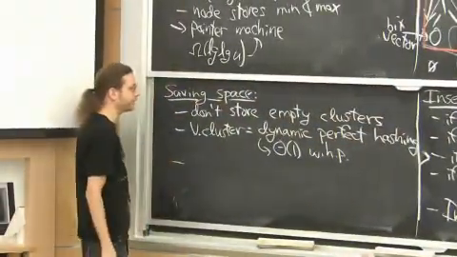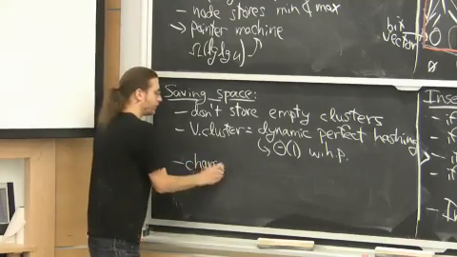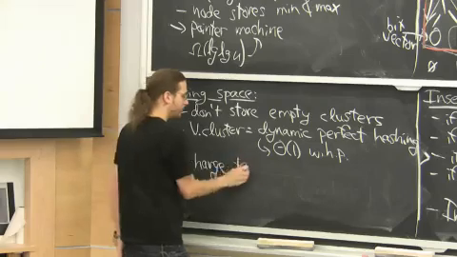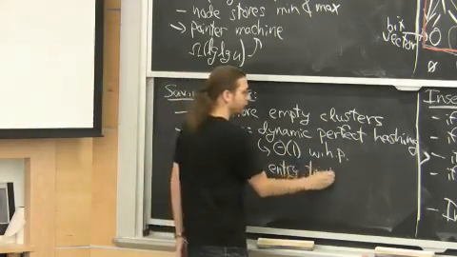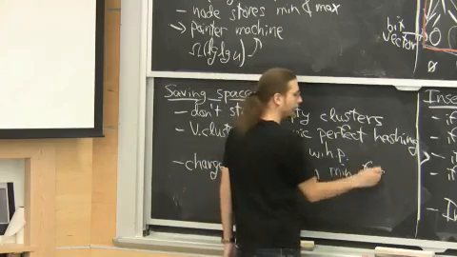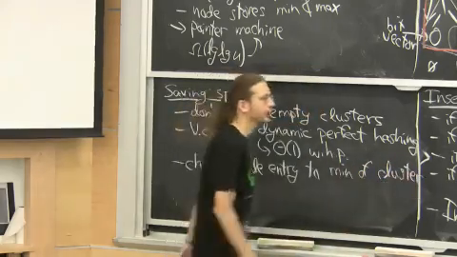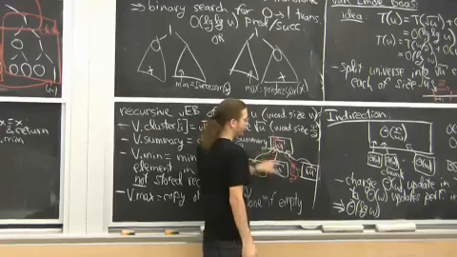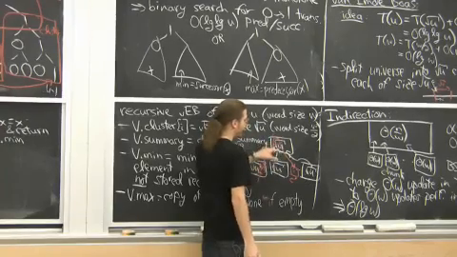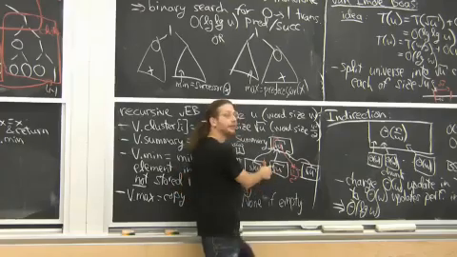Why is it order n space? By simple amortization, charge each table entry in that hash table to the min of the cluster. Every time, we're only storing non-empty ones. So if one of these exists in the hash table, we had to store a pointer to it, and that means the summary structure is non-zero. It means this cluster is non-empty, so it has an item in its min.